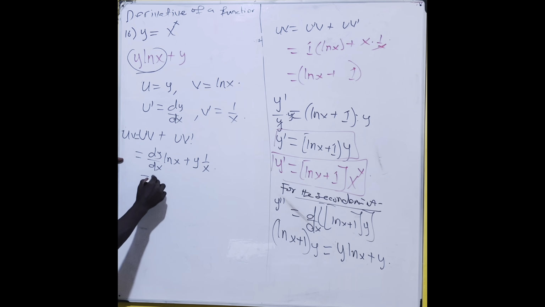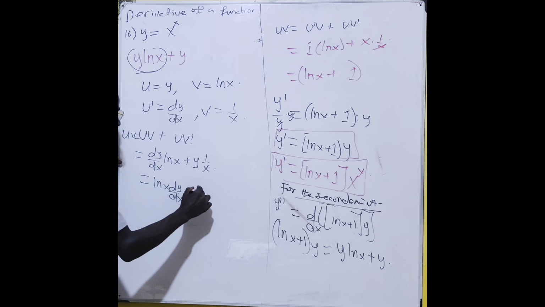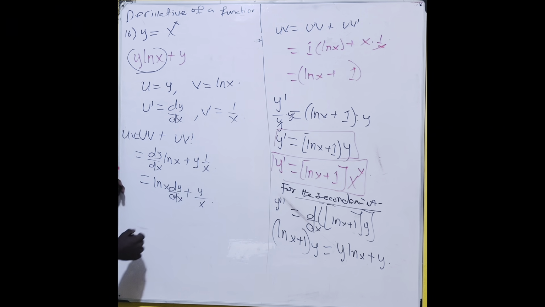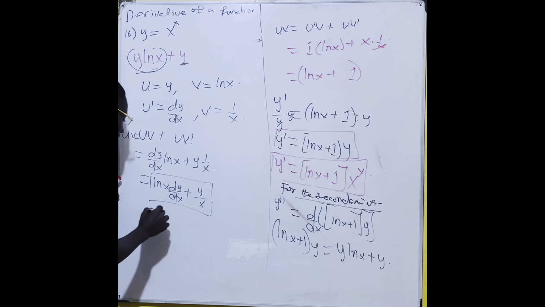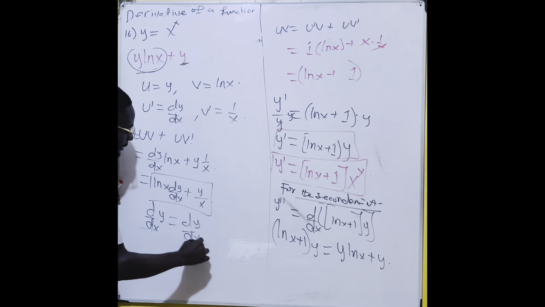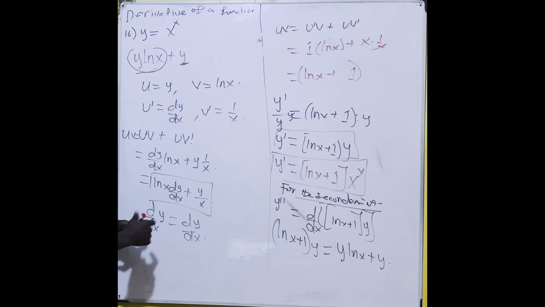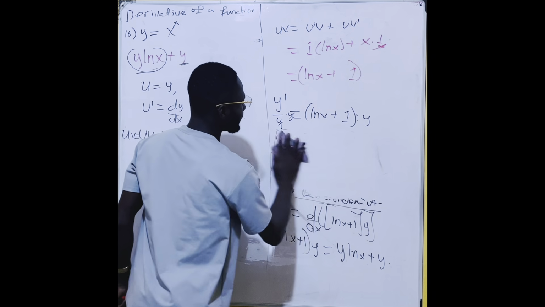Okay, so we're going to have ln x dy dx plus y over x. So this is what we have for the first term. And we know that the derivative of y with respect to x is dy over dx. Okay, so we combine this and this, then we know our final solution.